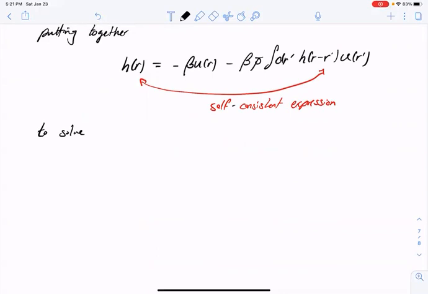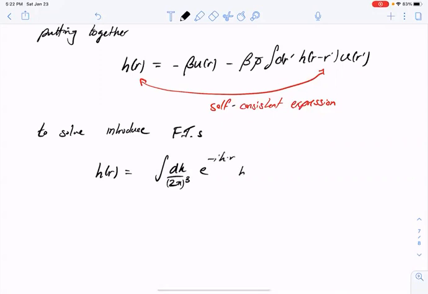Excuse me. Okay, so let's introduce the Fourier transforms of H of R as an integral over K e to the minus I K R H of R. So we need to introduce that Fourier transform.